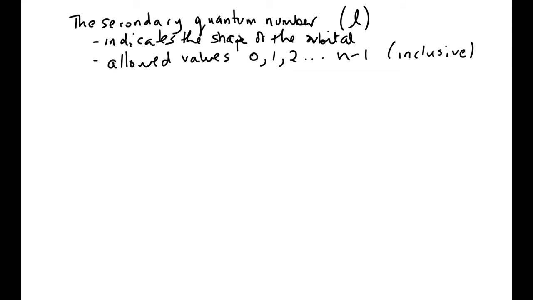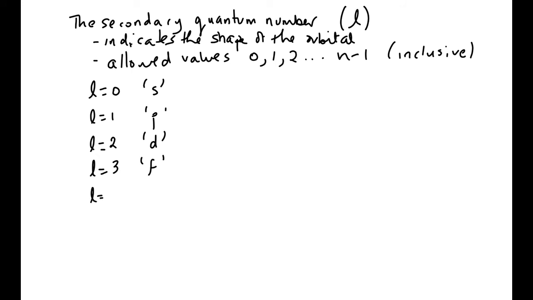So we have names of shapes. If L equals 0, we call it an s orbital. If L equals 1, we call it a p orbital. L equals 2, we call it a d orbital. L equals 3, it's an f orbital.